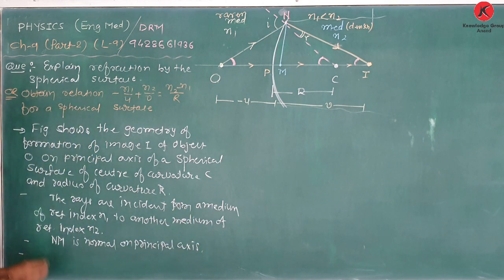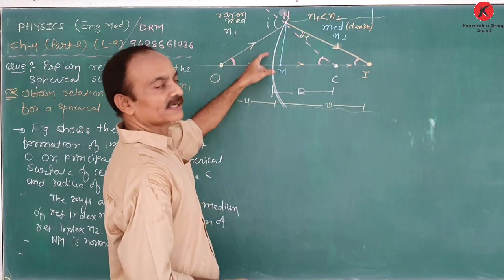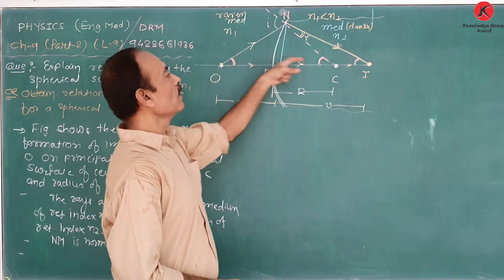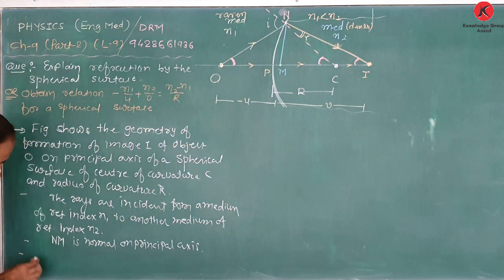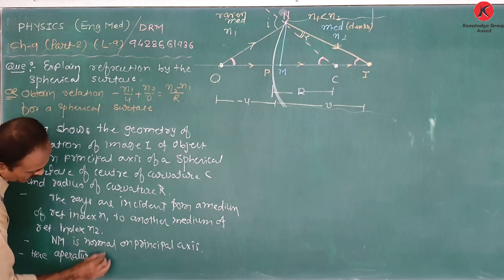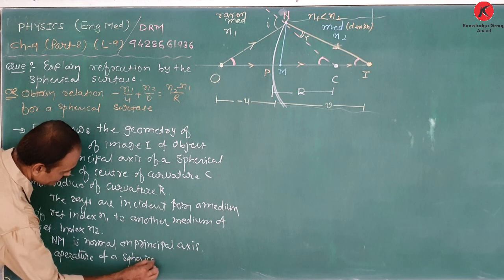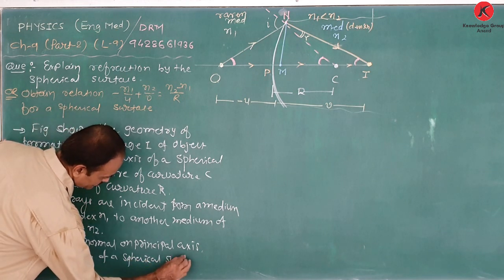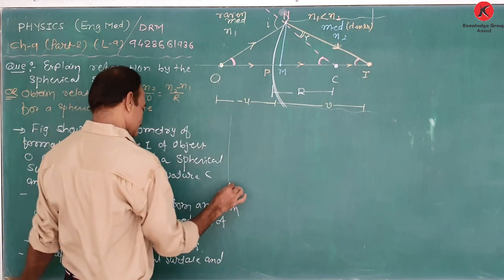Now here we make the assumption that the aperture of the spherical surface and the incident rays are paraxial, so all these angles are very small.